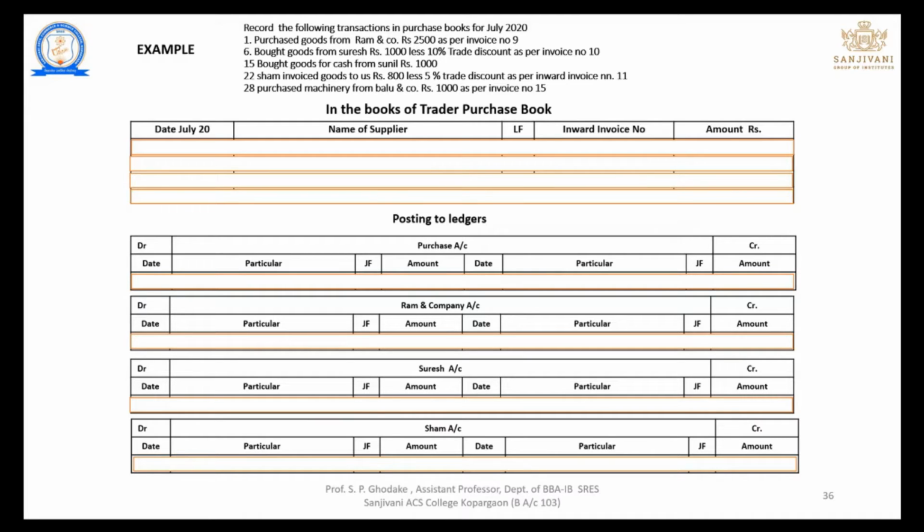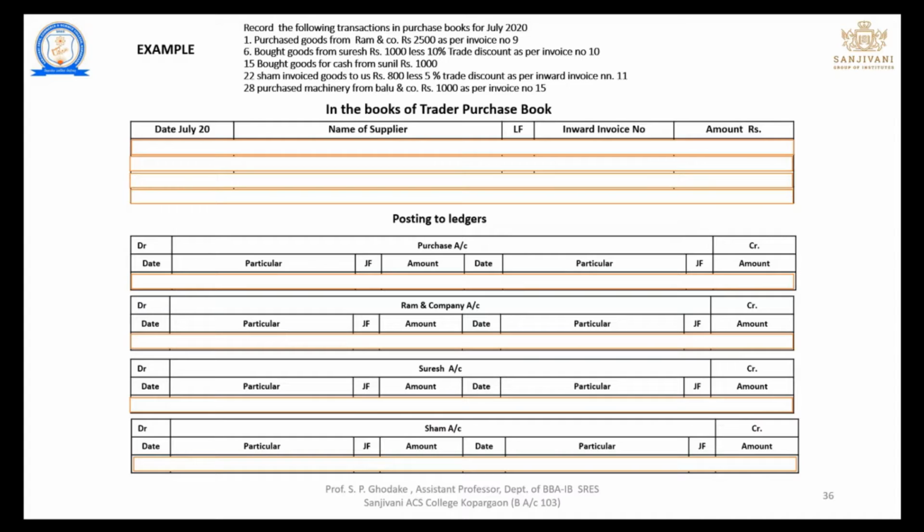On 15th, bought goods for cash from Sunil, rupees 1000. On 22nd, Sham invoiced goods to us, rupees 800 less 5% trade discount as per inward invoice number 11. Then on 28th, purchased machinery from Balu and Company, rupees 1000 as per invoice number 15.